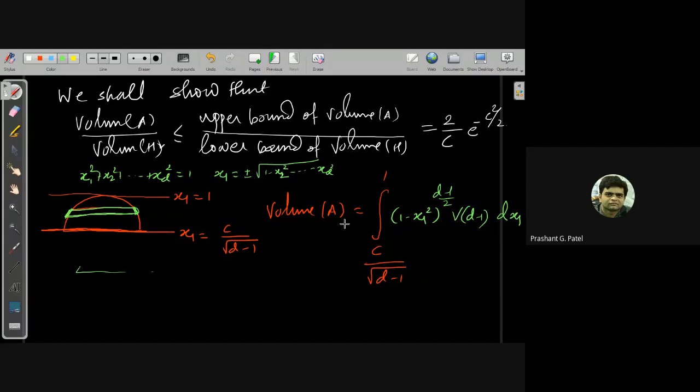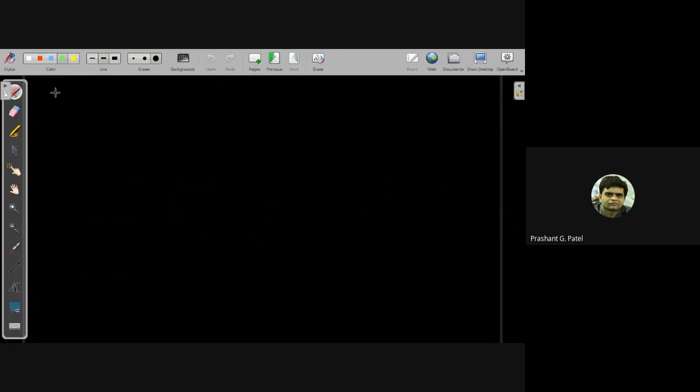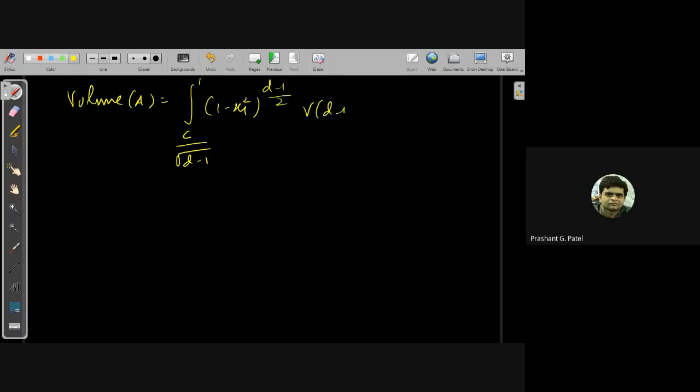To get an upper bound of this one, we'll use this formula. So what we got here is volume of A is equal to the integral from c upon square root of d minus 1 to 1 of (1 minus x1 square) power d minus 1 by 2 times V of d minus 1 dx1.